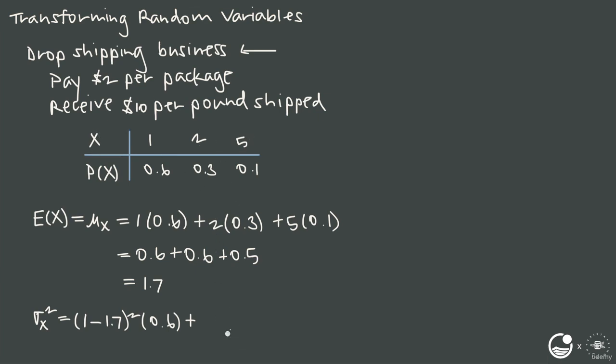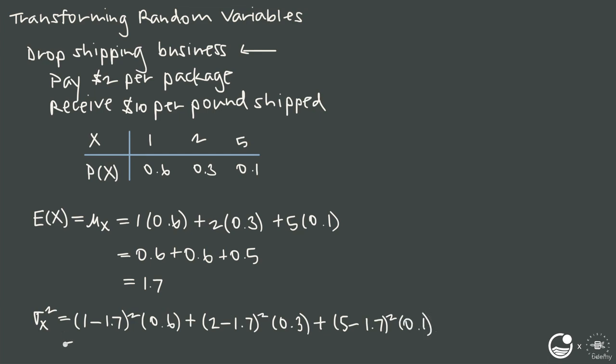So we say here 2 minus the mean, 1.7 quantity squared, and then multiply that by the probability, 0.3. And then the last one is this last value x can take on, 5, minus the mean of 1.7. We square that and multiply by the probability of a 5-pound package, 0.1.